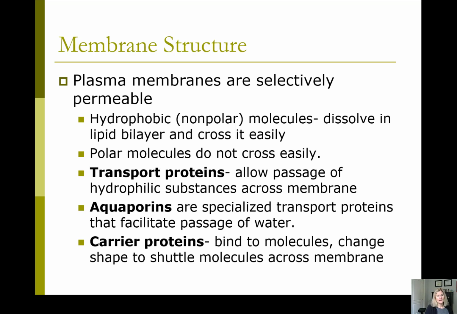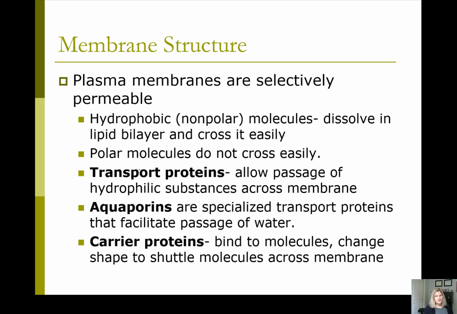So polar molecules have a harder time getting through because of the non-polar hydrophobic interior of the plasma membrane. But if we have a non-polar molecule, it typically can squeeze its way through and cross easily. So think of small compounds like oxygen molecules, O2, and carbon dioxide, which can pass through easily, and so forth.